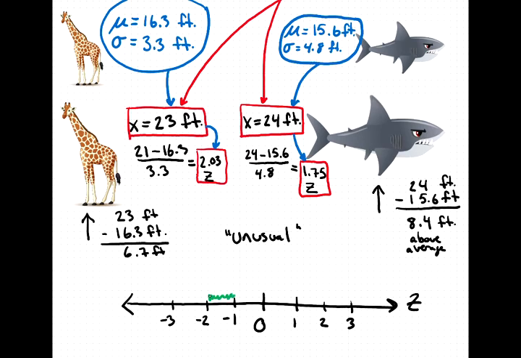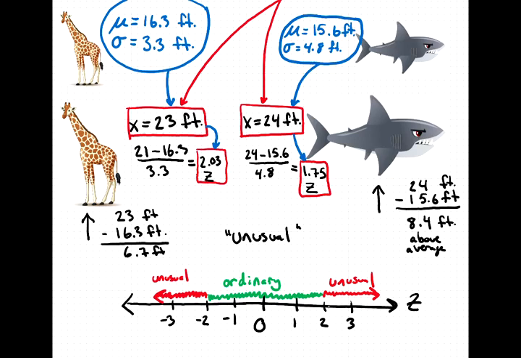So if you convert to a z-score and you get something within 2 standard deviations of the mean, these are ordinary values. But if you have a z-score outside of that range, so bigger than +2 or smaller than -2, these x values that have these z-scores in red, these are unusual values.